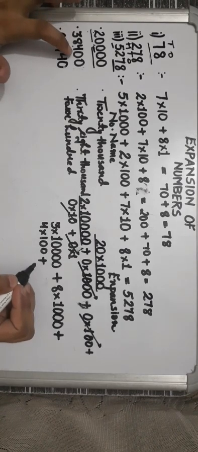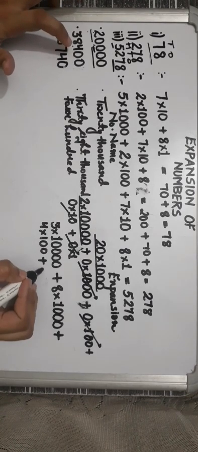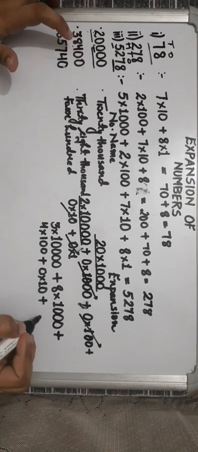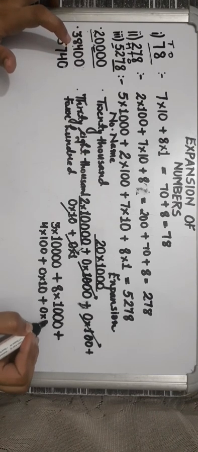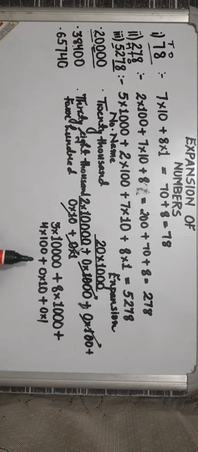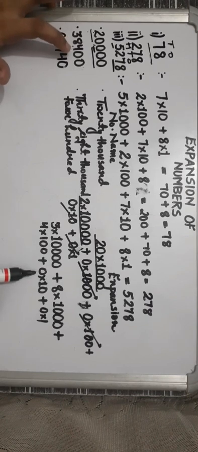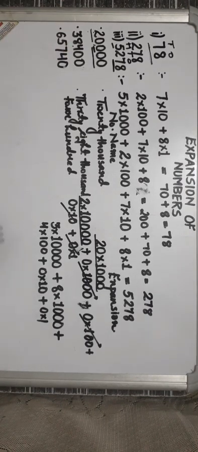Plus these zeros, no meaning. If you want to write, then write. Three, 4 zeros, 8, 3 zeros, 4, 2 zeros, and you will see that.